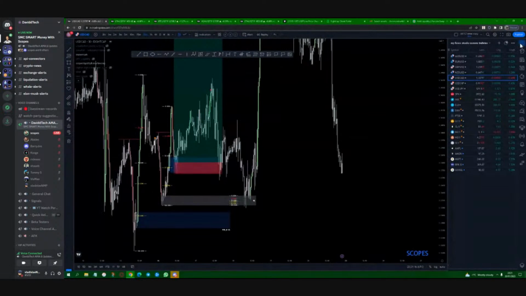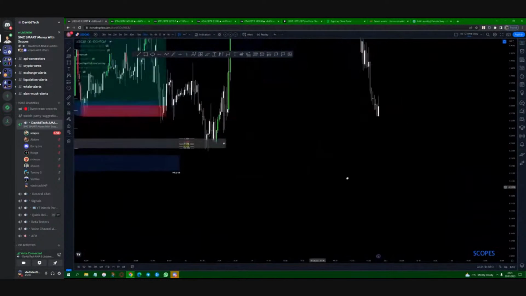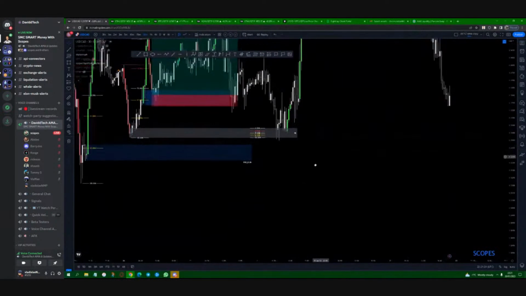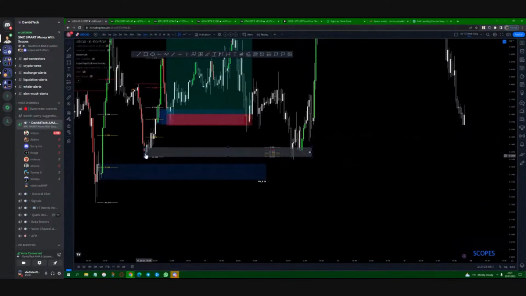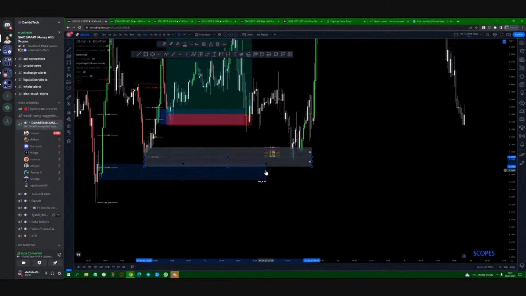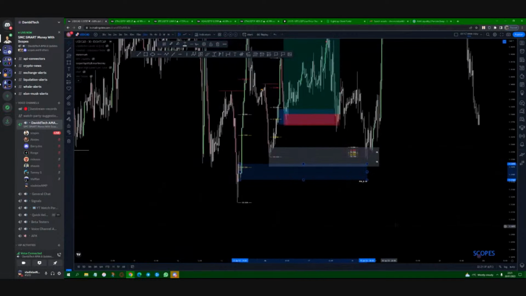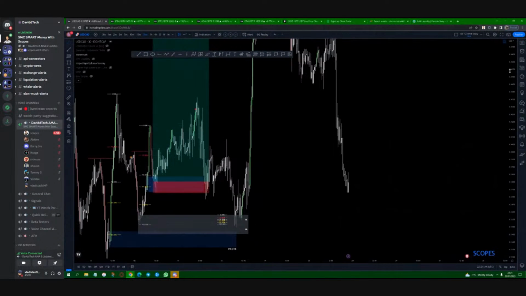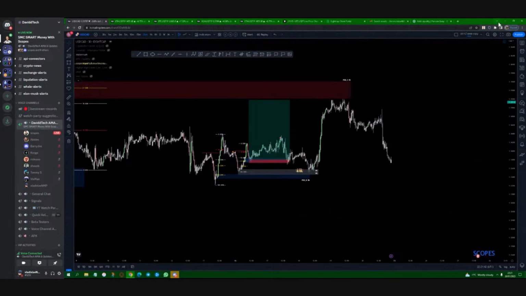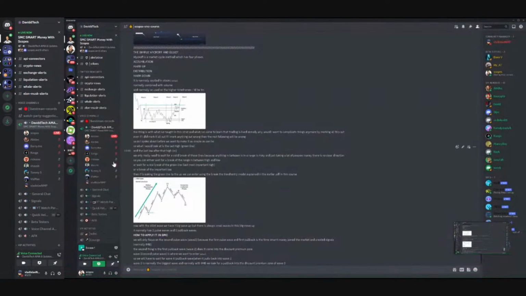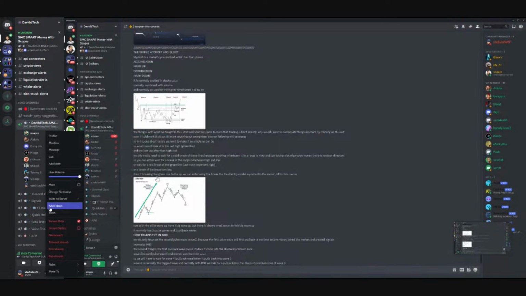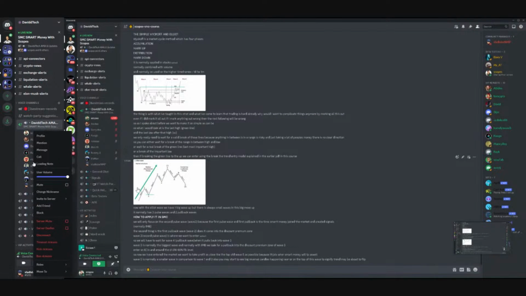There is an actual way for it, where you see the wicks here, solid there, so that would be your stop loss. That's all for today. This live today, I've not got any major trades to show you, no major ones anyway.